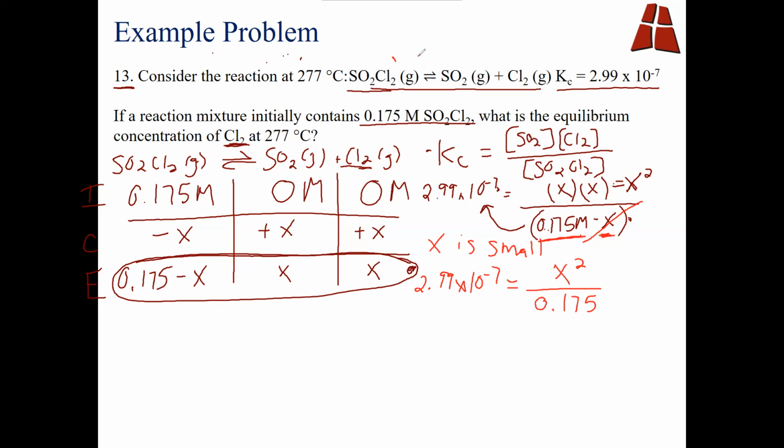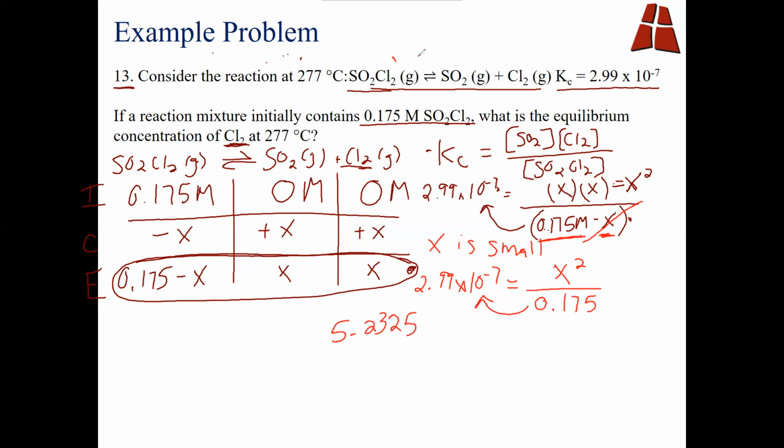Okay, and when we do that, we no longer have to solve a quadratic equation. If we just solve this algebraically now, we multiply this 0.175 up, multiplied by our equilibrium constant, and we should get a value of 5.2325.